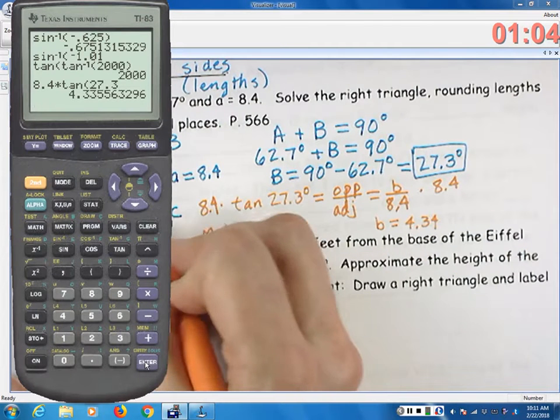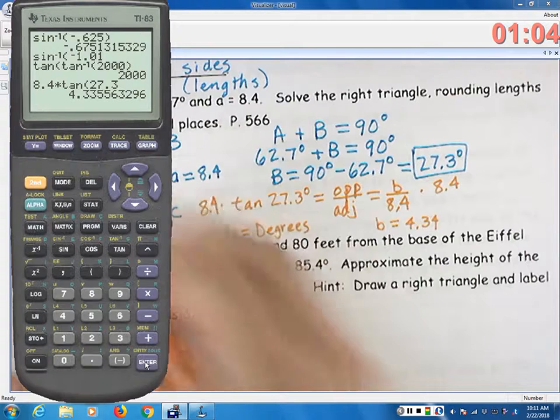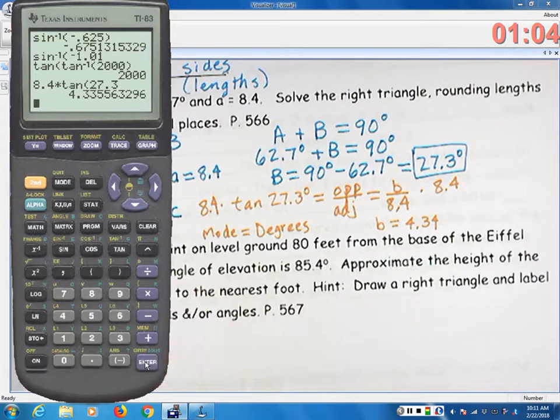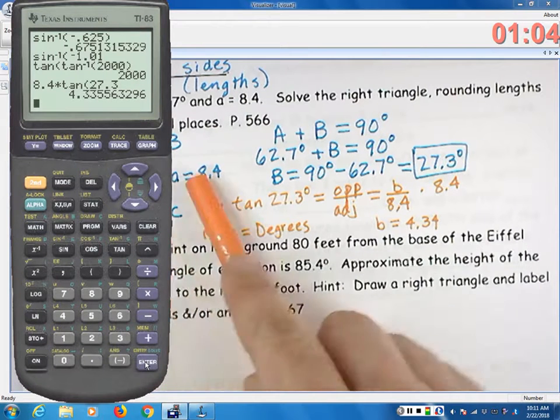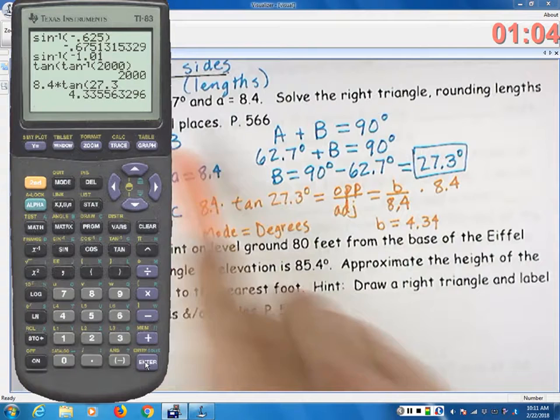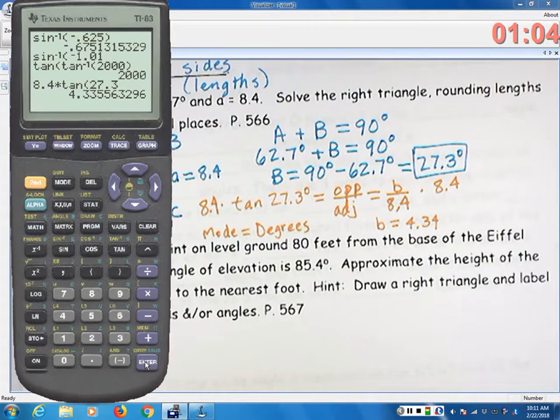Now you've got a choice on how to find side C. You can use the Pythagorean theorem, this squared plus this squared equals that squared, or you could use a sine function.